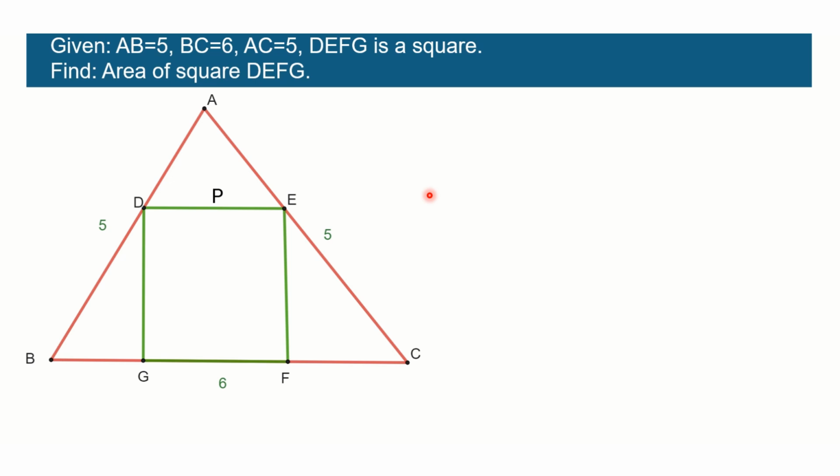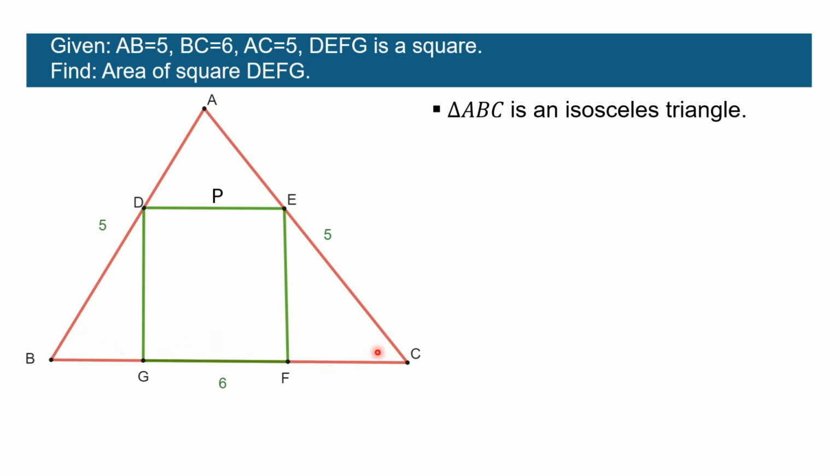Now to solve this problem, I will use the idea of similar triangles and Pythagoras theorem. In triangle ABC, AB is equal to AC because both are equal to 5 units. This means ABC is an isosceles triangle, so both base angles are equal.